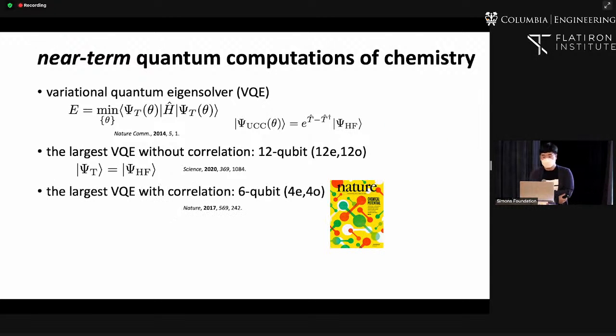And the largest VQE computation with electron-electron correlation, as I said, this is really what we're after in quantum chemistry, had 6 qubits to describe 4 electrons and 4 orbitals. And these two results that I'm showing here are the types of calculations that you can finish on your laptop by the end of this sentence.